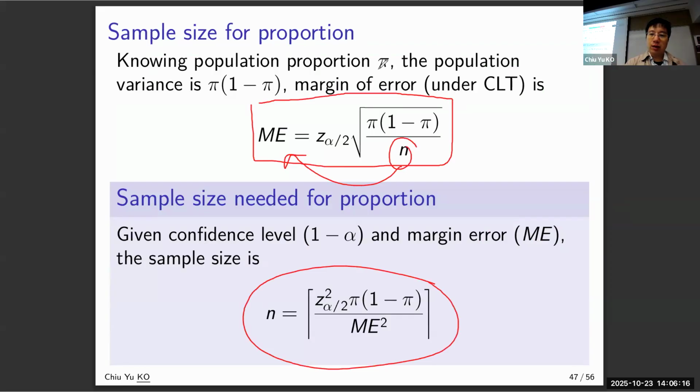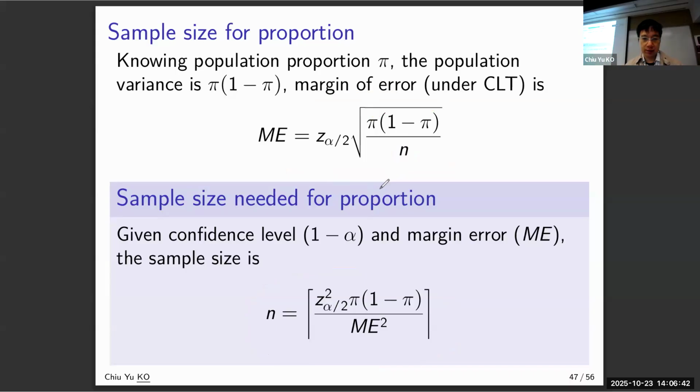Move the square root of n to that side, ME goes below, and you square everything up, you get this formula. So there's nothing deep about this, it's just replacing. Of course, if you don't like to remember this formula, you can just plug in all these numbers and then solve for n. That's something trivial. I know from your high school, you know how to solve this.